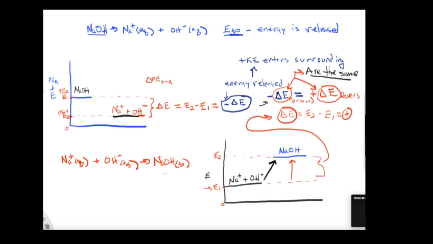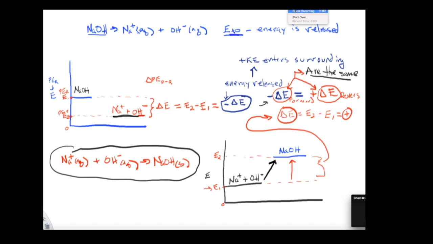A few minutes ago I gave you the example that if you're going to actually do this in real life, you would have to put the beaker on a hot plate and drive this reaction in reverse. That's what I'm referring to over here: if you're going to do this in reverse, you're going to have to provide a source of energy in order to elevate the reactants to the level of the products. All right, with that, I'm going to conclude this particular video.